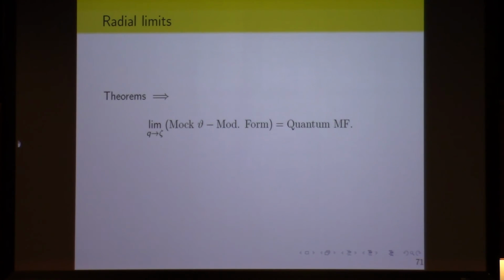In terms of Mock and quantum and ordinary modular forms, our theorem is saying this. As q tends radially towards a root of unity, the difference between a Mock theta function and a modular form is a special value of a quantum modular form. Or combinatorially, you can interpret the theorem in the following way: the difference between the rank and crank function asymptotically as q approaches singularities is a special value of a unimodal function.